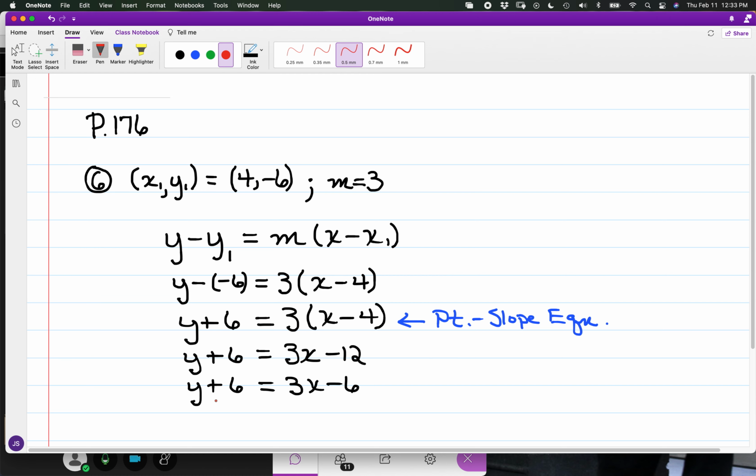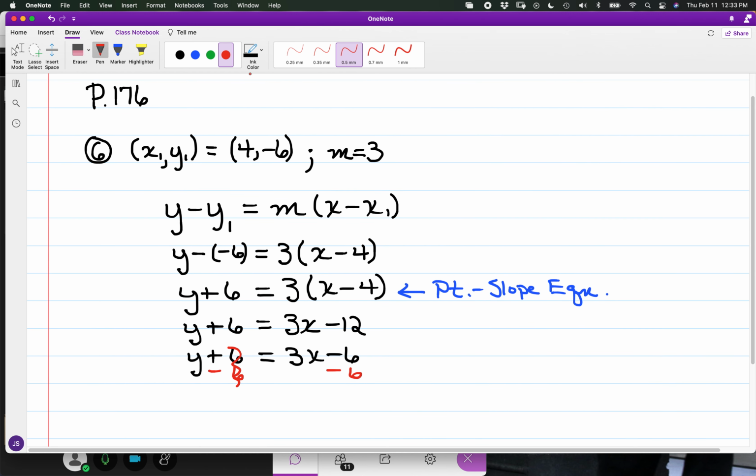And so for what we will have here, it's going to be y is equal to 3x minus 12. And again, this is going to be the slope-intercept equation.